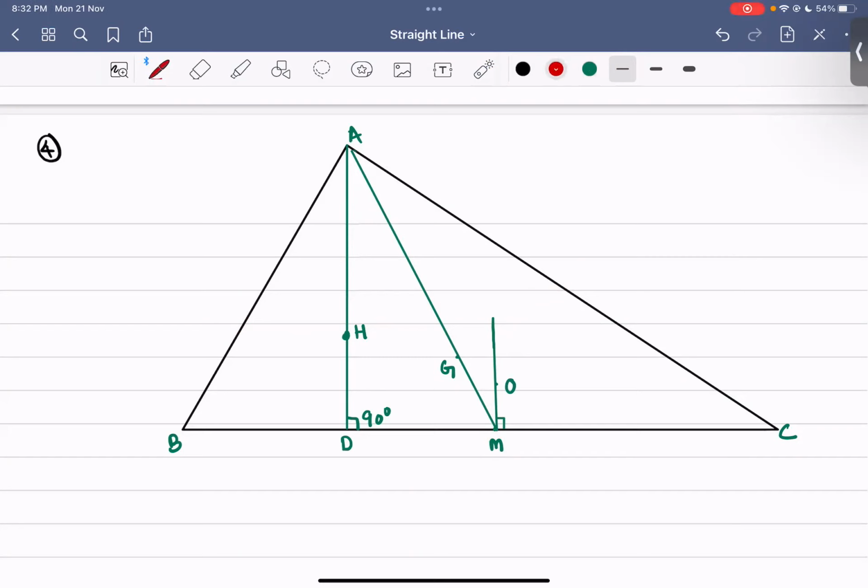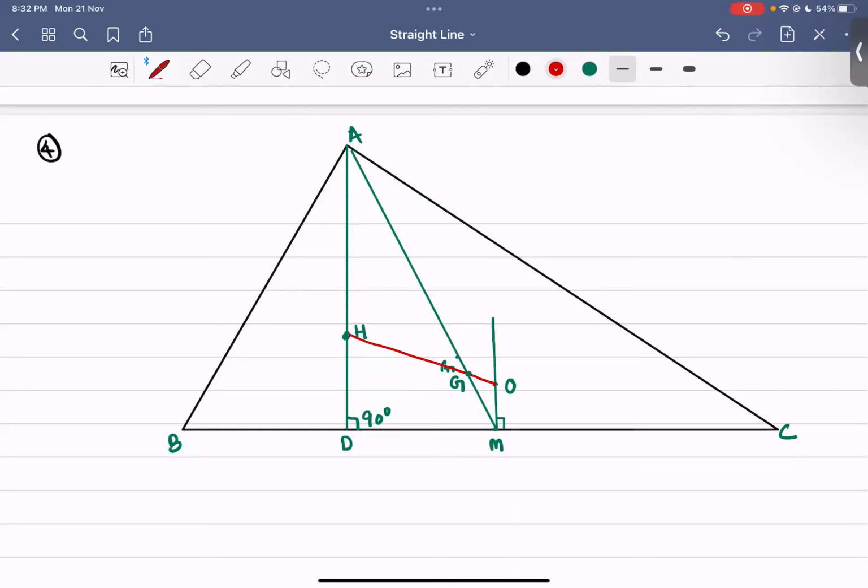So now we have one result. In a triangle, orthocenter, centroid and circumcenter are collinear. So this is the result we have. It's a very, very important one. So this is centroid. So we'll name this thing.